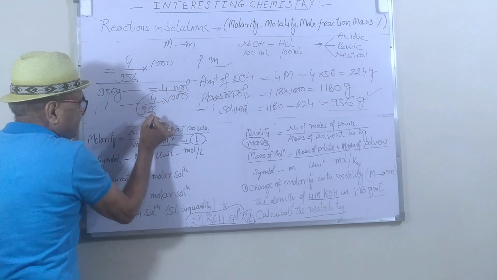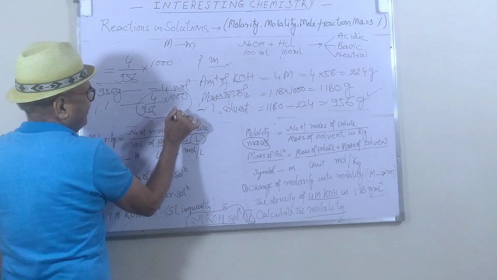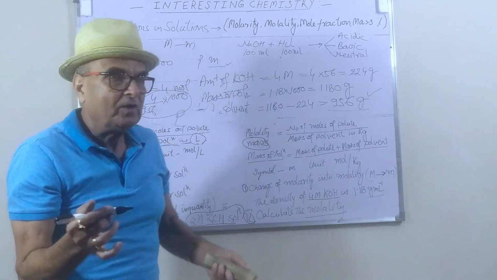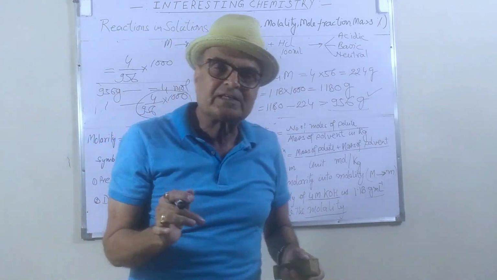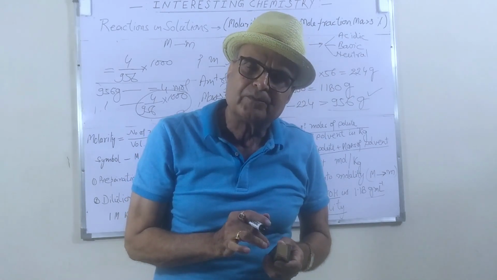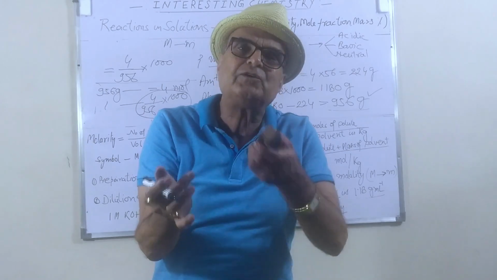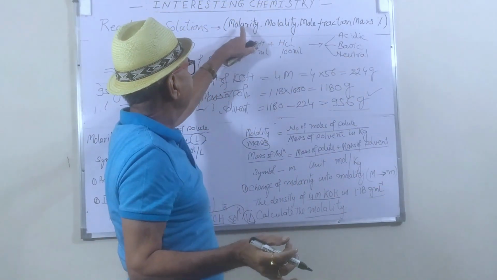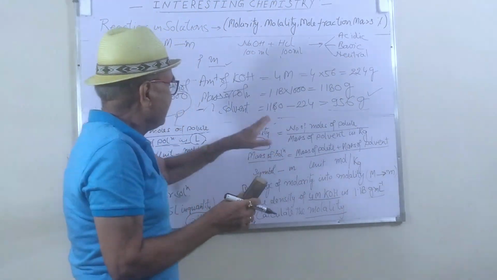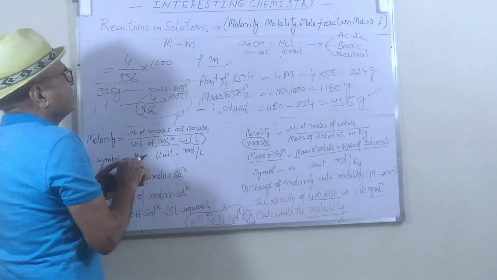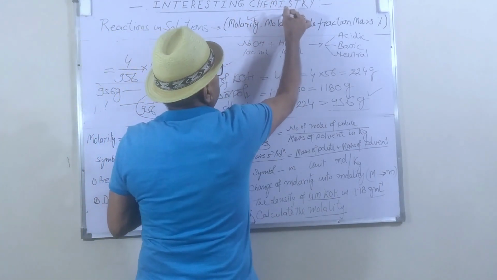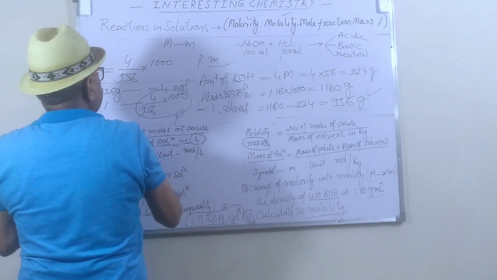This will be the answer of this question. You can do it in this way. I have explained how you change the molarity into molality. I think I have explained both the terms.